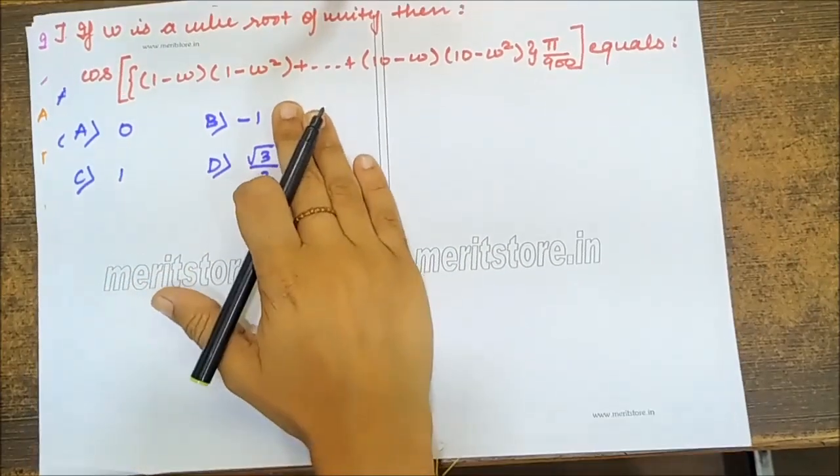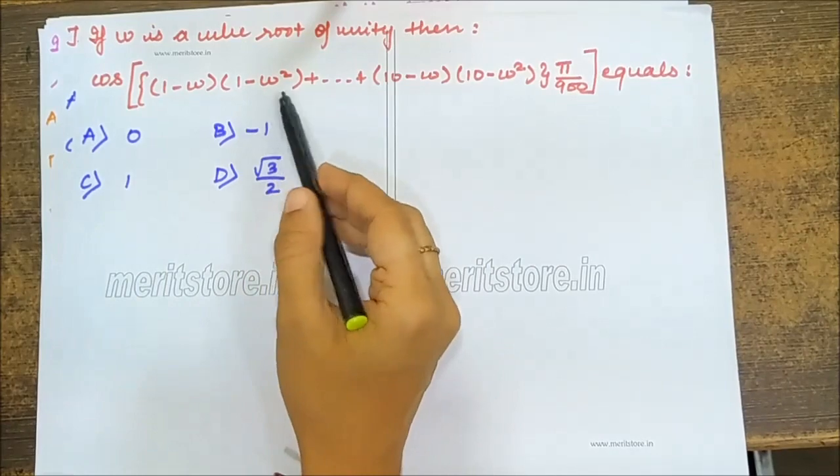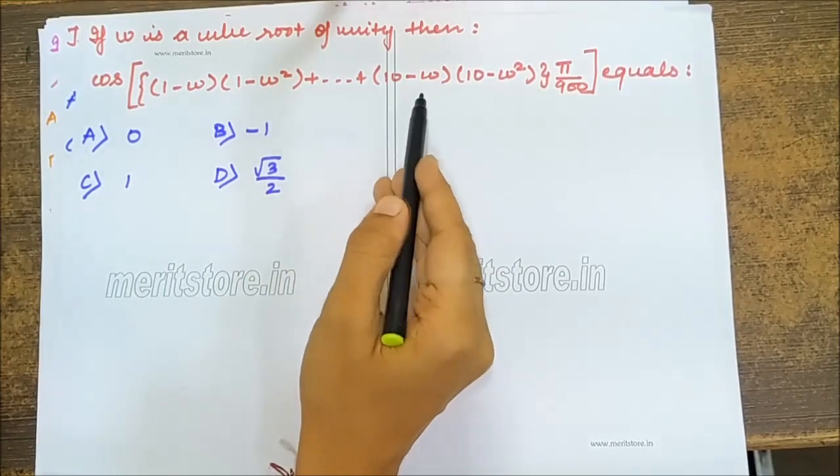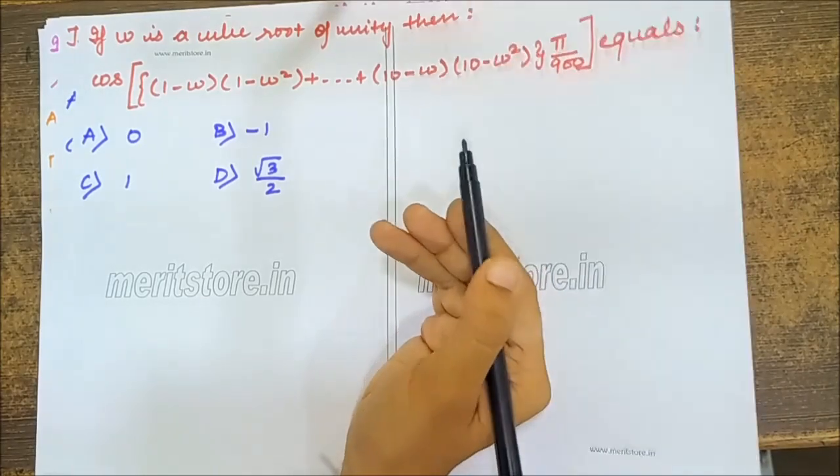If omega is a cube root of unity, then cos of the summation of (1 minus omega)(1 minus omega square) plus (2 minus omega)(2 minus omega square) up to (10 minus omega)(10 minus omega square), times pi upon 900, is equal to.